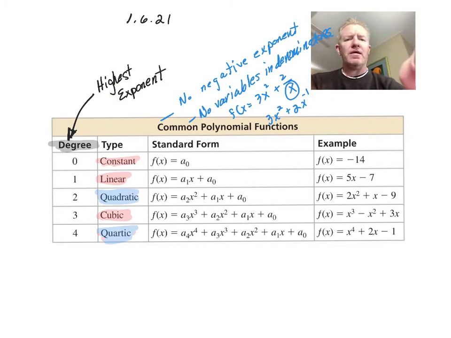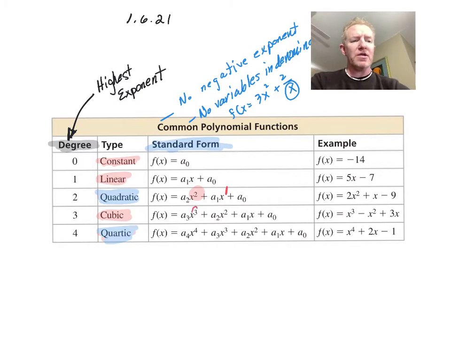And then the last thing you need to know about this little section is that we want to put things in standard form. And standard form simply means you want to go from the highest exponent down to the lowest. So quadratics will go with 2. Then the next exponent would be a 1 if it has an x to the first, and then no x's in the last one.